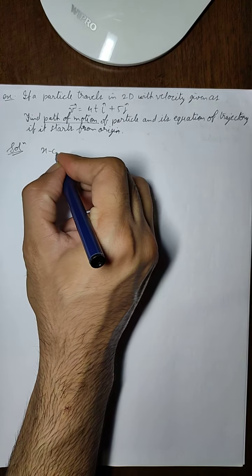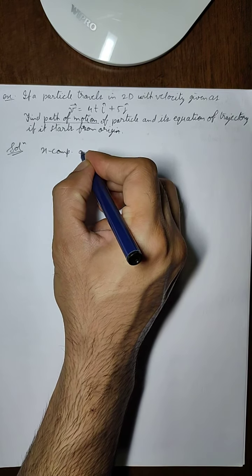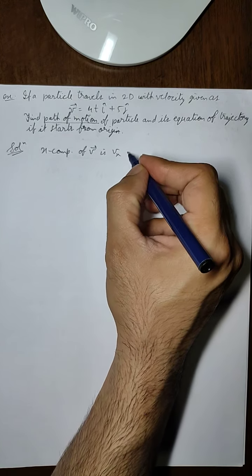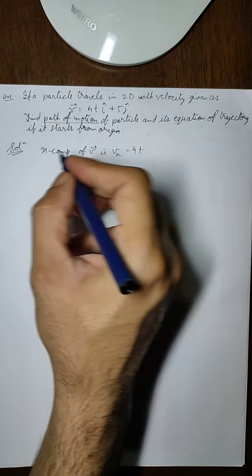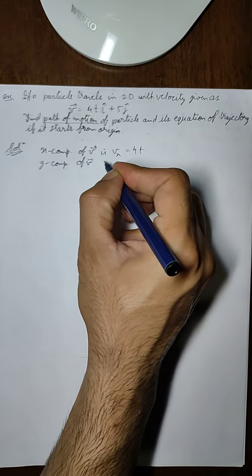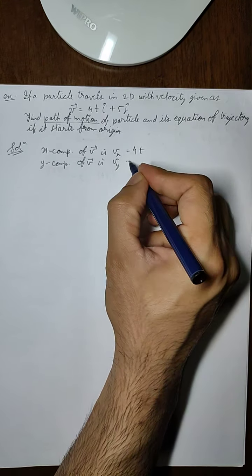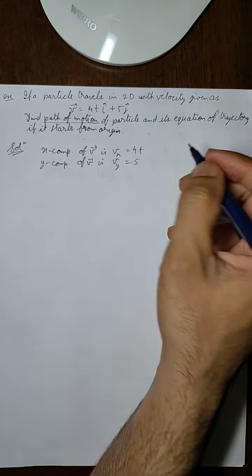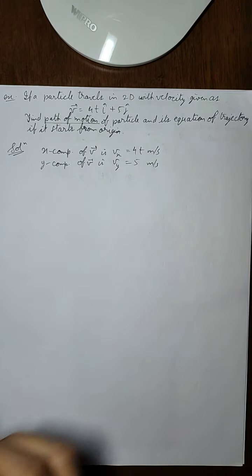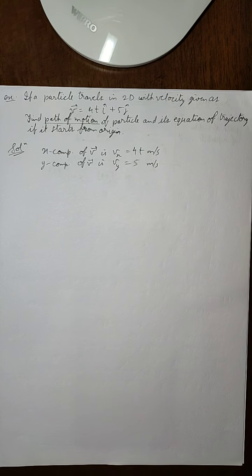So we can write the x component of velocity as vx equal to 4t, and the y component of velocity as vy equal to 5. We can also give them units, let us say meter per second.